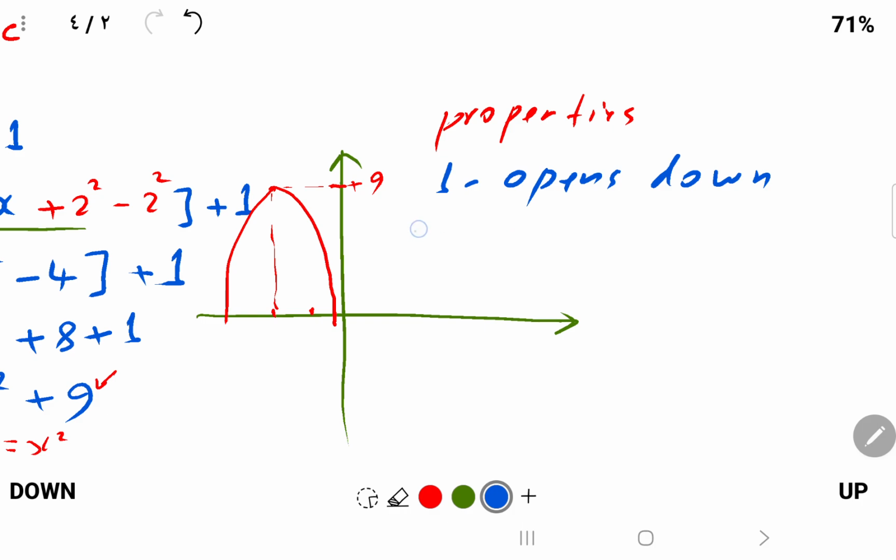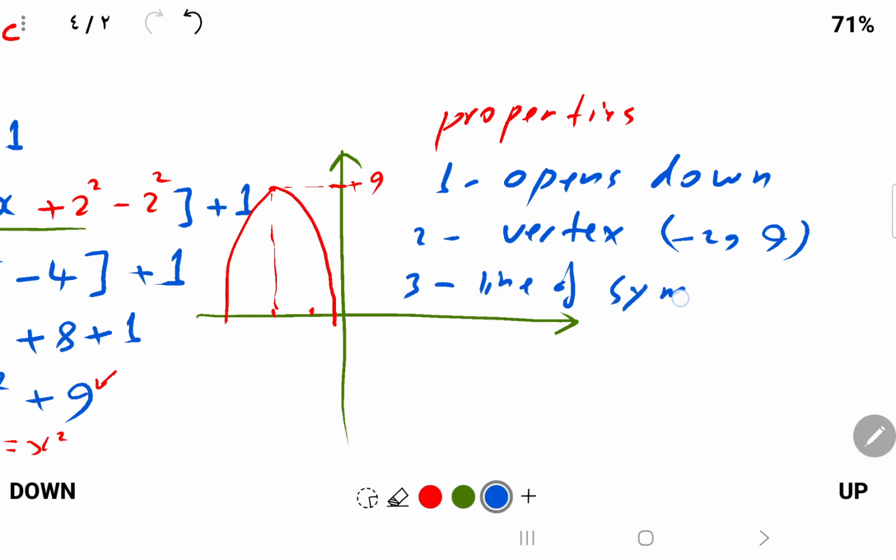Then line of symmetry and vertex. Let's start with the vertex. Vertex is negative 2, 9. Number 3, line of symmetry: x equals negative 2. That's the equation of the line of symmetry.